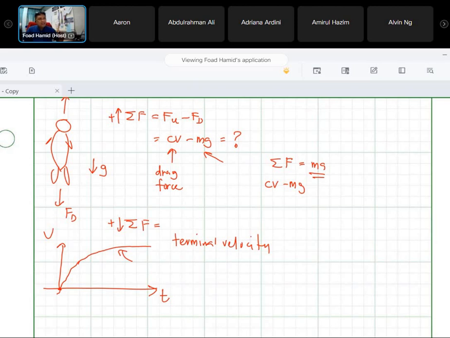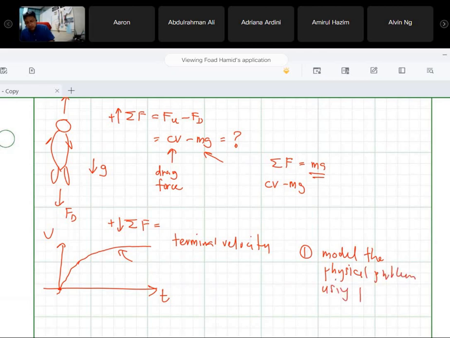Remember, the first step is to understand the problem, and use the appropriate physical law to model the problem, and then we come out with what we call the governing equation. So the first is to model the physical problem using physical law.